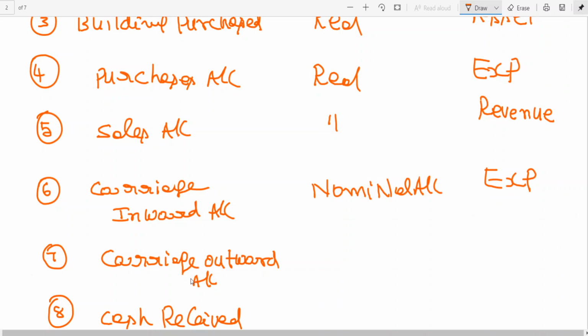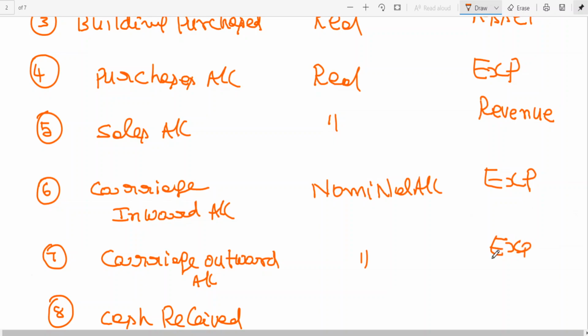For a trader, for a seller, maybe it is a Big Bazaar or say Reliance Outlet or Heritage. Anyone, they will be delivering you with free of cost. This is what is called as transportation on sales. This is transportation charges on purchases. So this is nominal account. This is also expense.